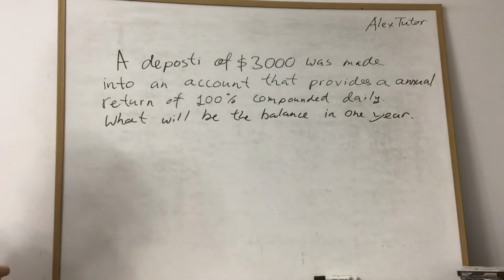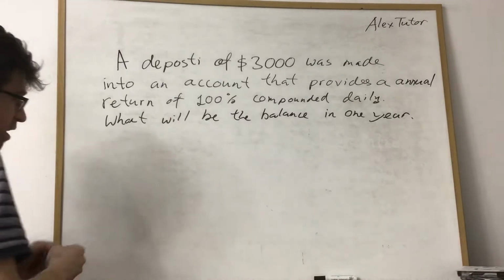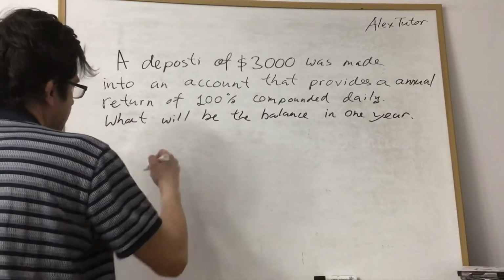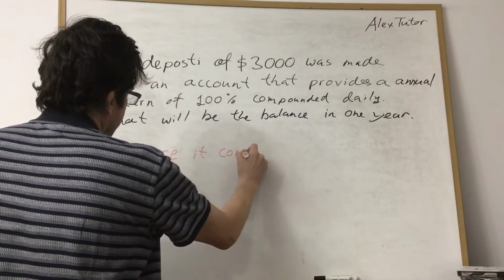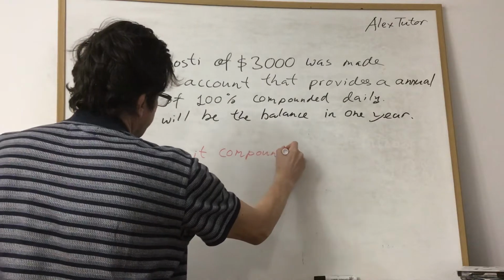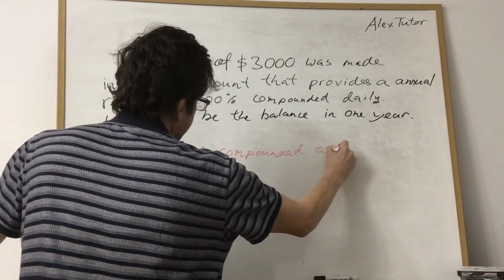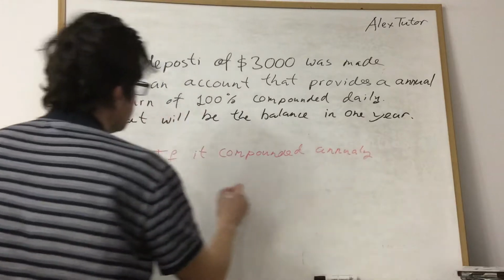It's very easy if it does not compound daily, if it only compounds annually. If it compounded annually, it would be easy.